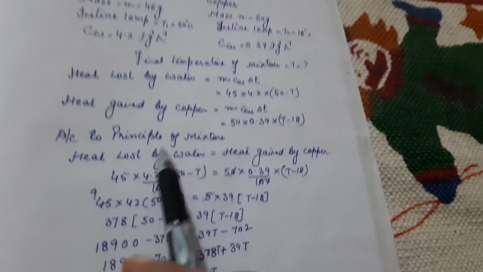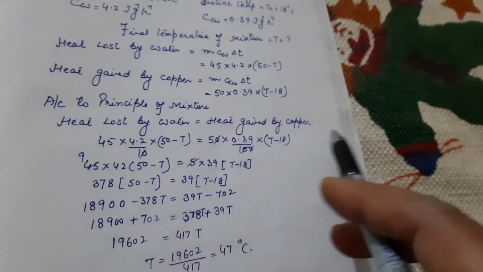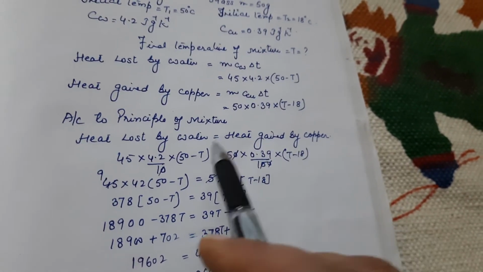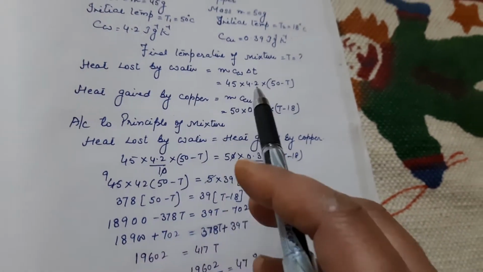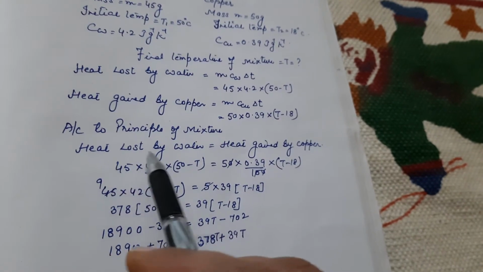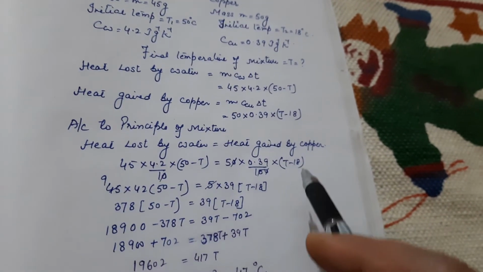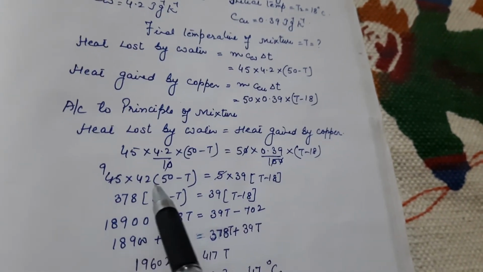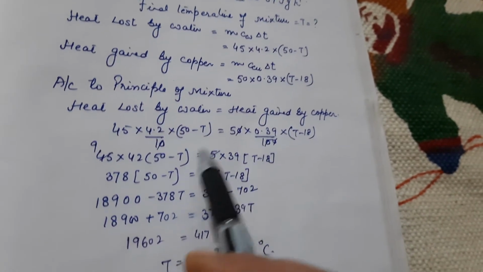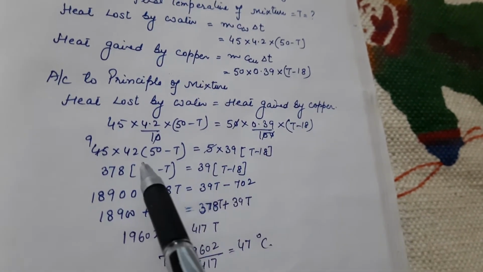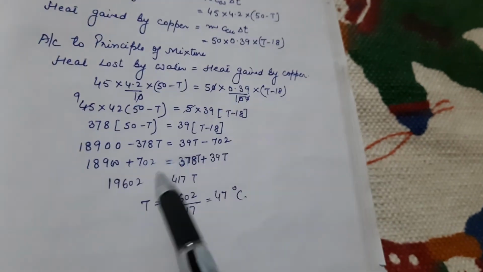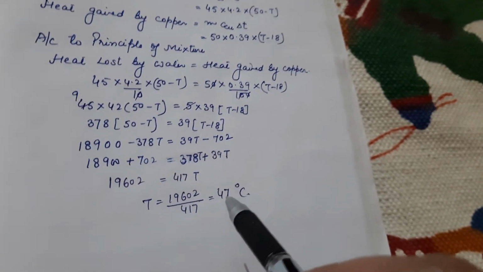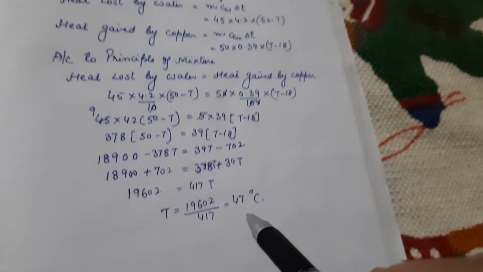After that, apply the principle of mixture: heat lost by the hot body is equal to heat gained by copper. Write down the values for heat lost by water and heat gained by copper, and after that you can easily solve this, get one simple equation and find T. In this way we find the final temperature of the mixture.